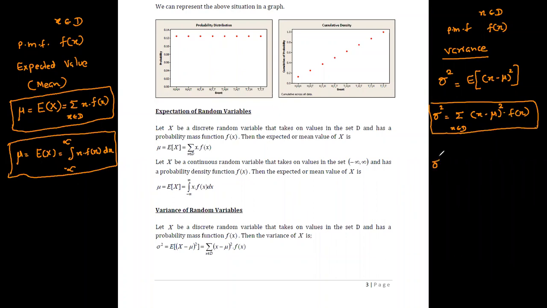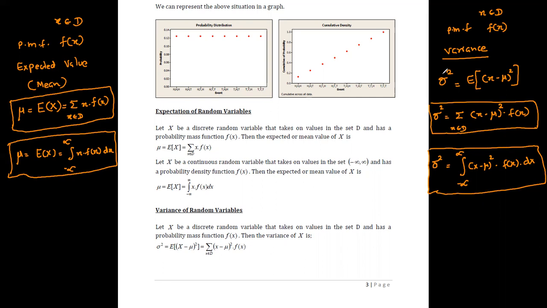And if it is the continuous case, then we have to integrate from minus infinity to plus infinity (x minus mu) squared times f(x) dx. Using this equation, we obtain the variance for the continuous case. This is how we obtain expected value and variance.